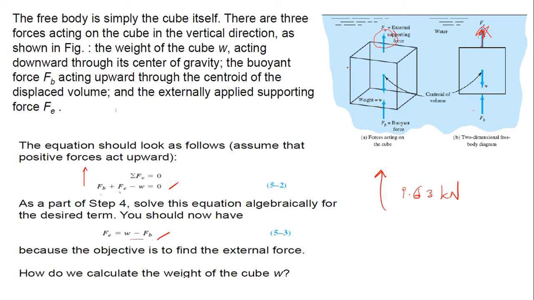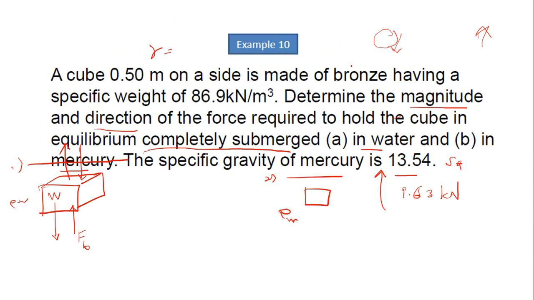But if you find your magnitude is negative, that means your assumption is wrong, so it is downward instead. But from the question, there is a clue that can help you determine whether the direction is upward or downward.